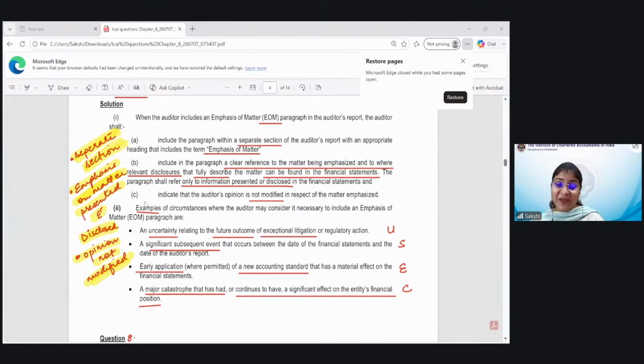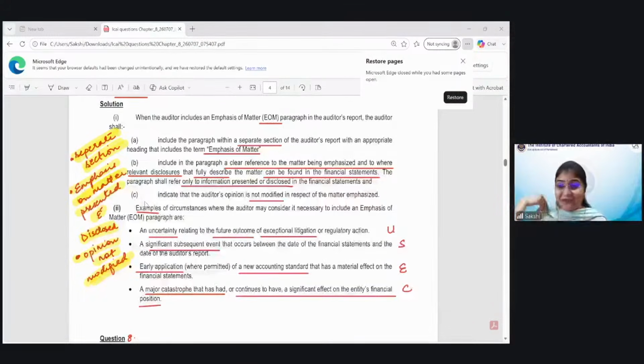All right, okay. So, second part, what are the examples where such an EOM paragraph can be given? There is any uncertainty relating to the future outcome of exceptional litigation. Like in this case, you never know whether they are going to win, whether they are going to lose. So, you are emphasizing. Significant subsequent event occurred between the date of financial statements and the date of the audit report.